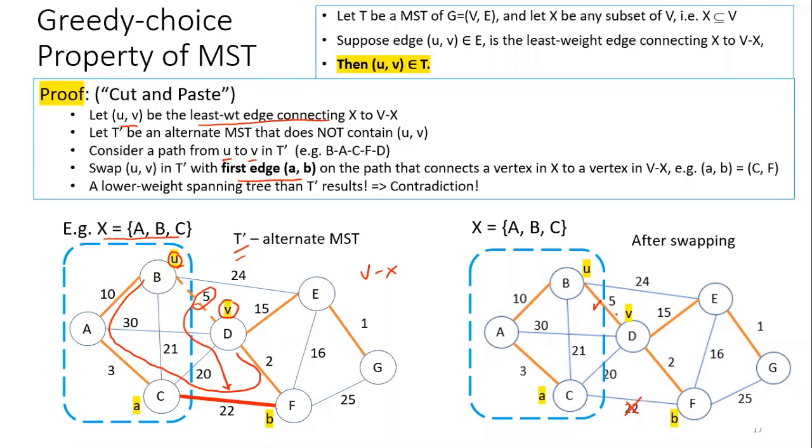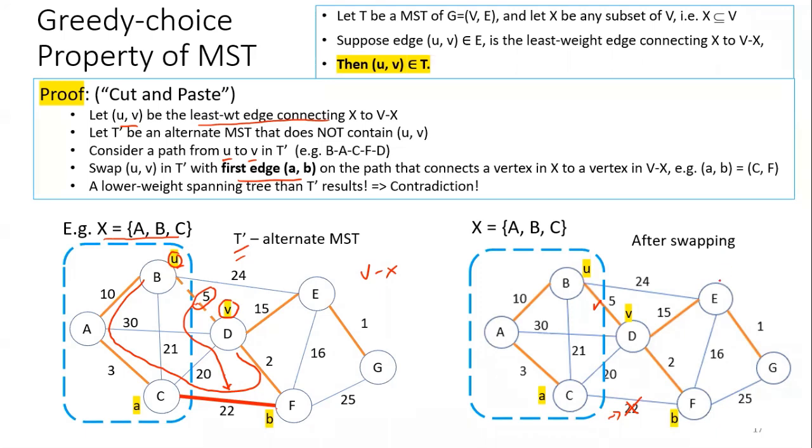And because this particular edge is a least cost edge, and presumably this is of a higher cost, now T prime will have a lower weight.